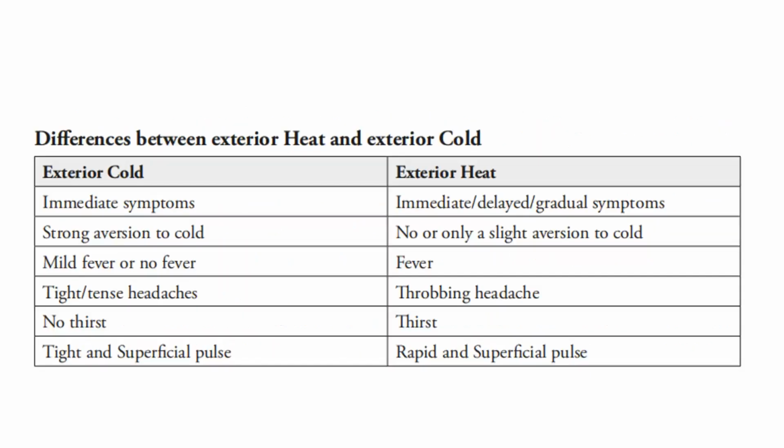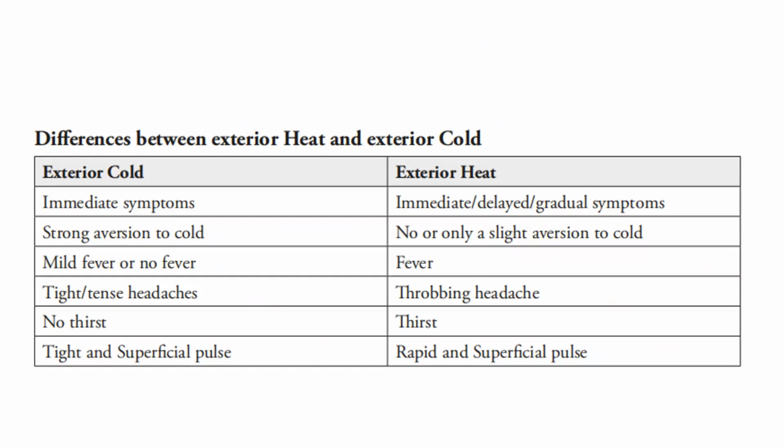We have here the table, differences between the exterior heat and the exterior cold. In the exterior cold, we have immediate symptoms, while in exterior heat, there are immediate, delayed, or gradual symptoms. There is a strong aversion to cold in exterior cold, whilst in exterior heat, there is no or only a slight aversion to cold.